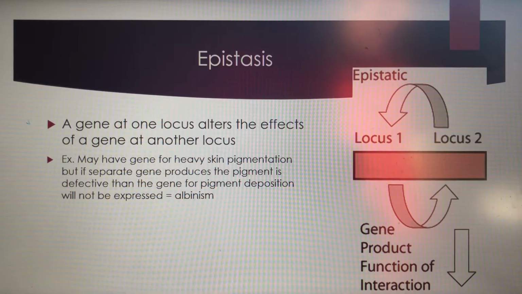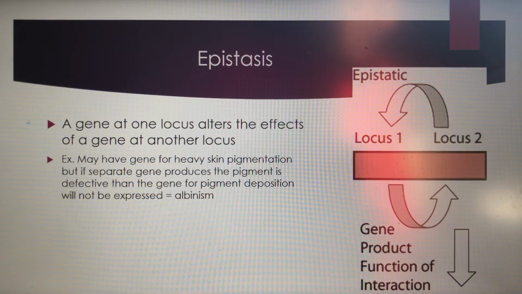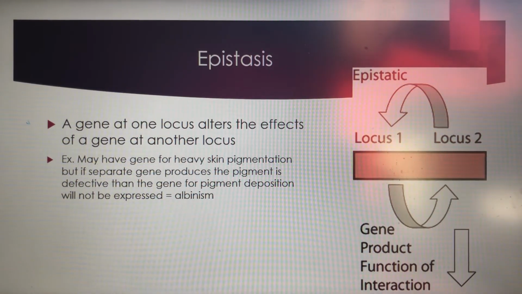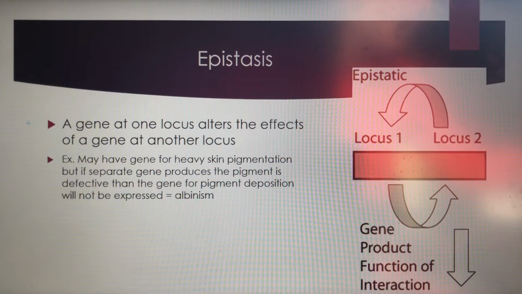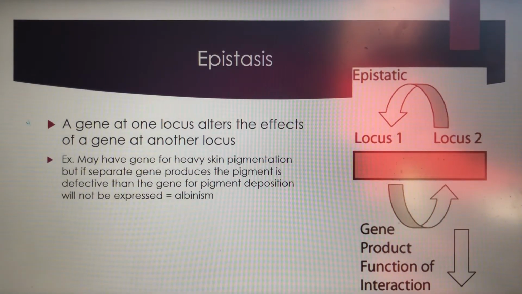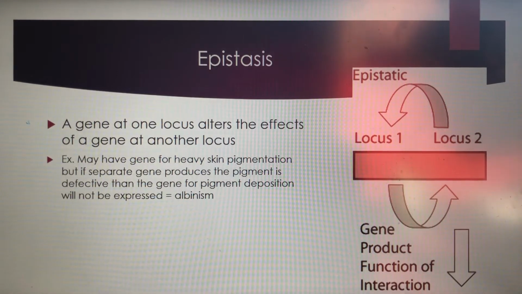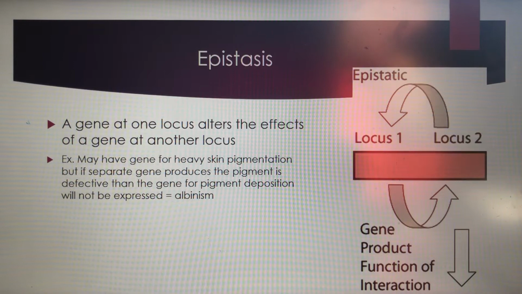This is a wonderful example of epistasis, because the coding for hair pigment controls whether pigment of any color will be deposited in the hair. If there is no pigment deposit coding, then you're going to end up with your yellow labs. So it's kind of a cool thing.